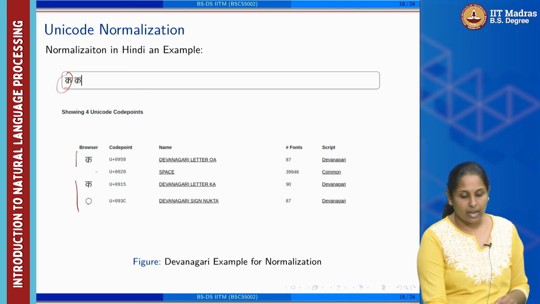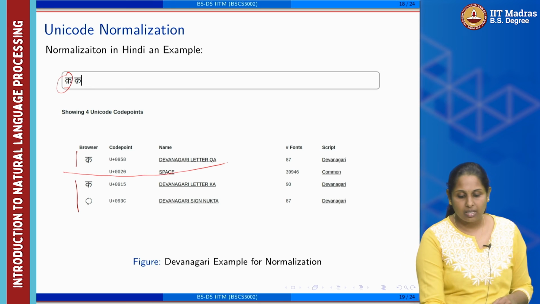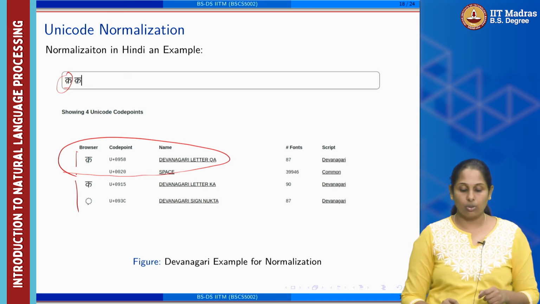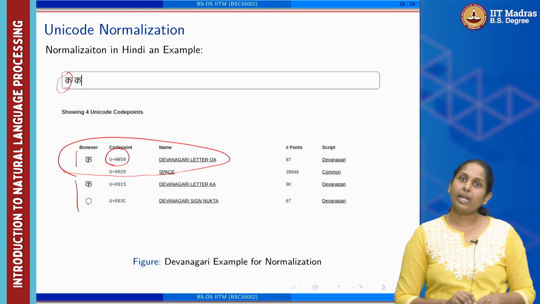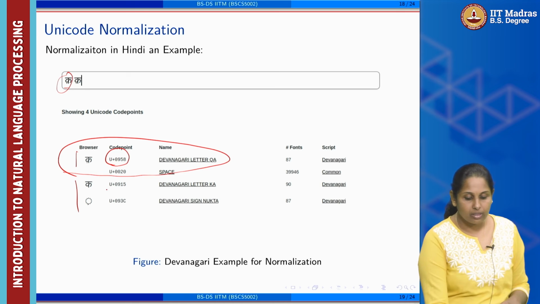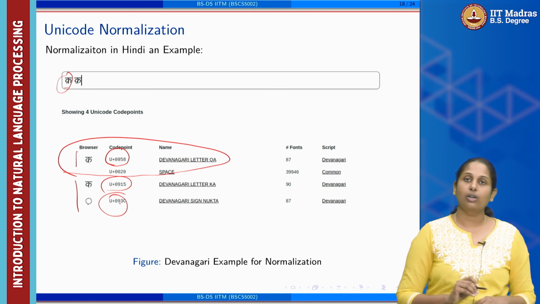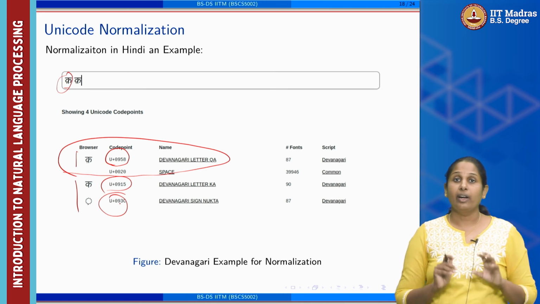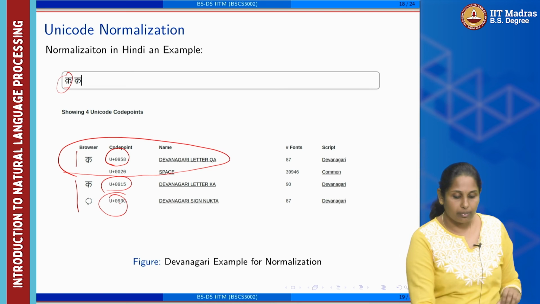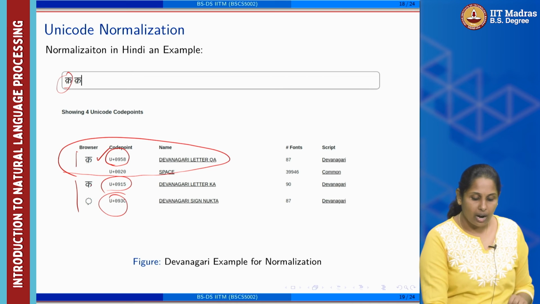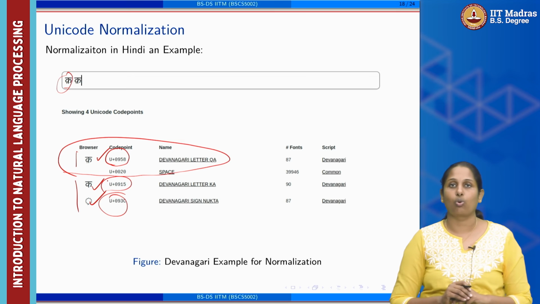One is that in Unicode there is already a representation of ka with nukta with a single code point. Sometimes it can also be written with two different code points, one with ka and another with nukta as a separate value. So we have two different representations: one with a single code, another with the combination of two codes.